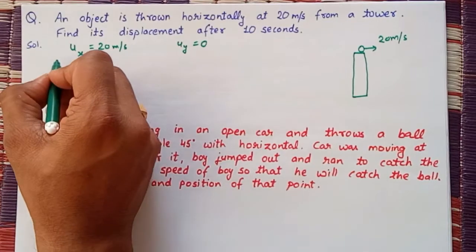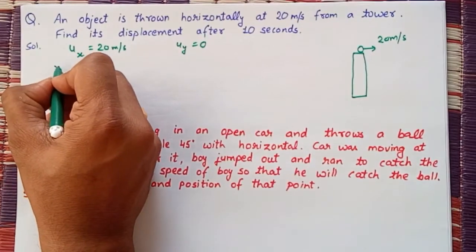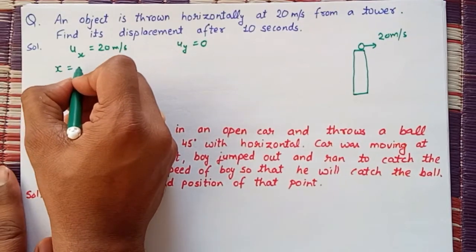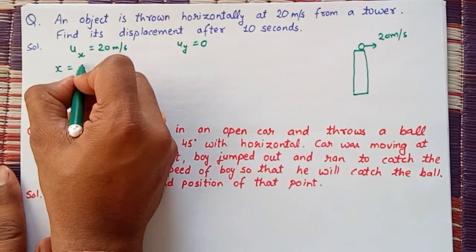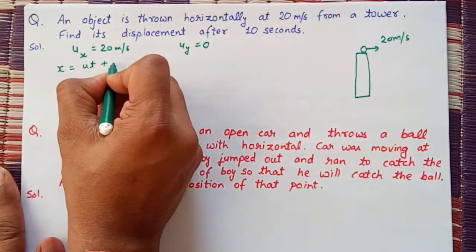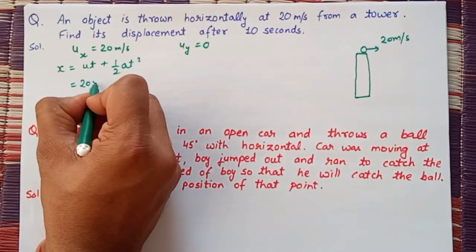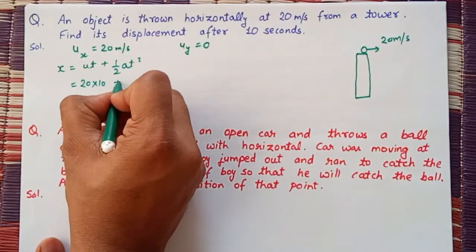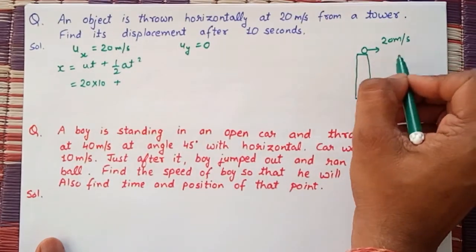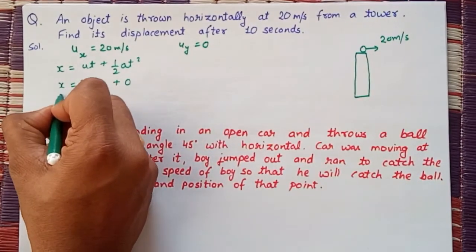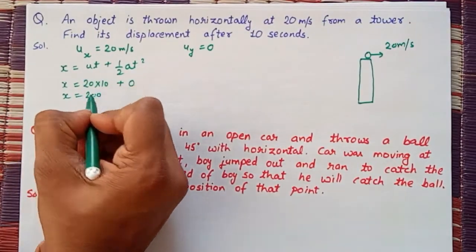So for horizontal I am applying s equals ut plus half at square. So x equals ut plus half at square. Initial velocity is 20 times 10. We know that there is no force in the horizontal direction, so acceleration will be 0, hence x will be 200.